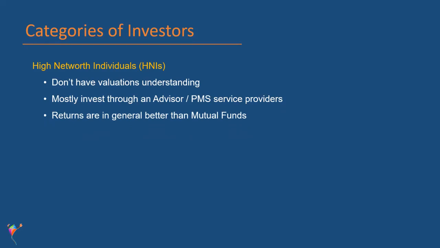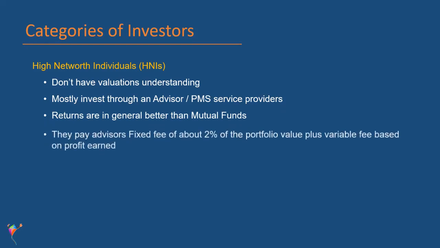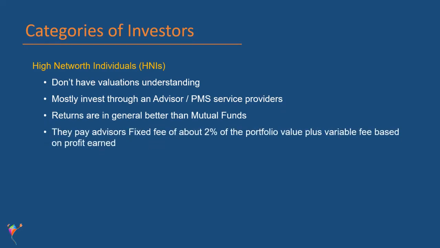And there is a fee also for that. Advisors and PMS service providers generally charge a fee of 2% of the portfolio value, that is the assets under management, plus a variable fee based on certain criteria of the profits earned.